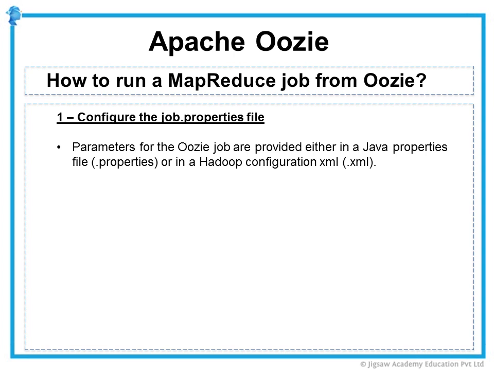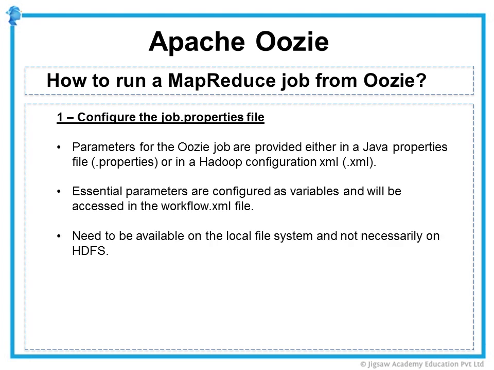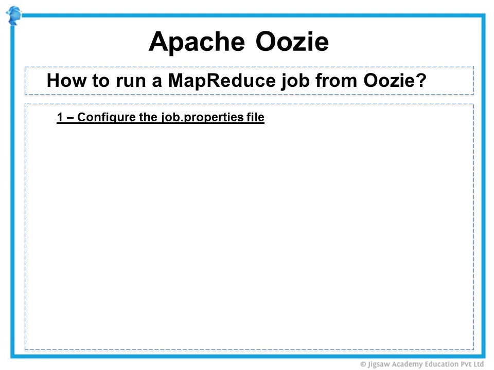This file, remember, should be present locally on the node from which the job is submitted, and it need not necessarily be on HDFS. Now let us configure the job.properties for our particular example.